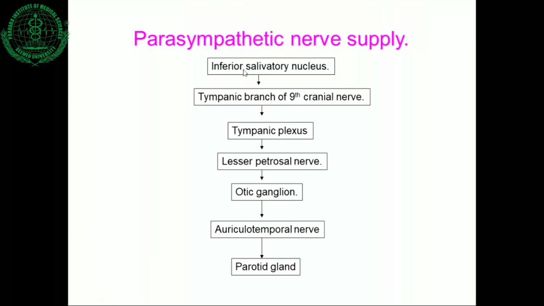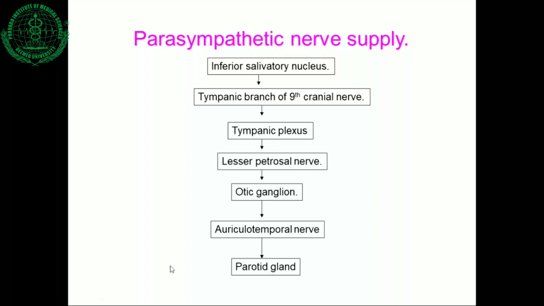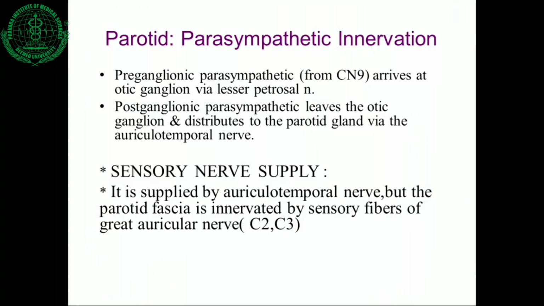of the medulla oblongata, then towards the tympanic branch of the glossopharyngeal nerve, then from the tympanic branch to the tympanic plexus, then from the tympanic plexus to the lesser petrosal nerve, from the lesser petrosal nerve to the otic ganglion, and from the otic ganglion to the auriculotemporal nerve.